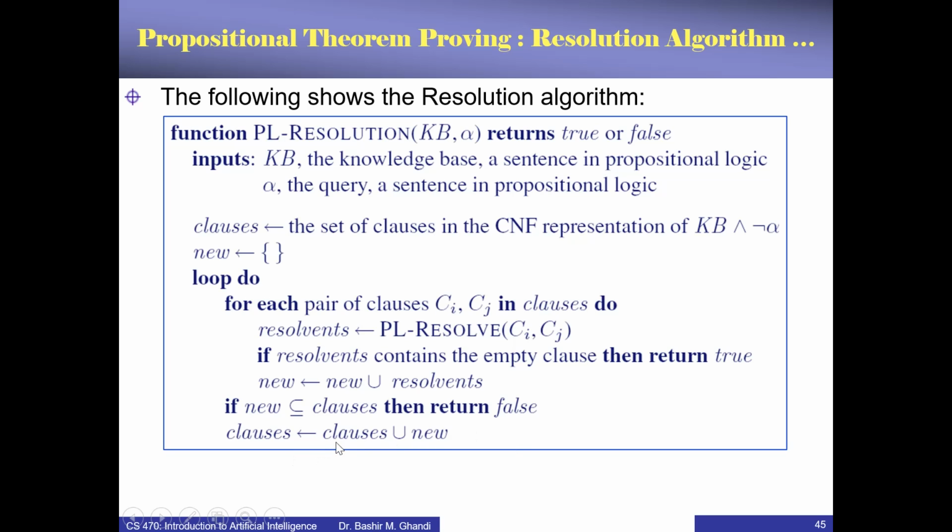Otherwise, just update the clauses with the new ones and continue the process. So this is the resolution algorithm. We're going to show it more clearly with an example, of course using our Wumpus world.